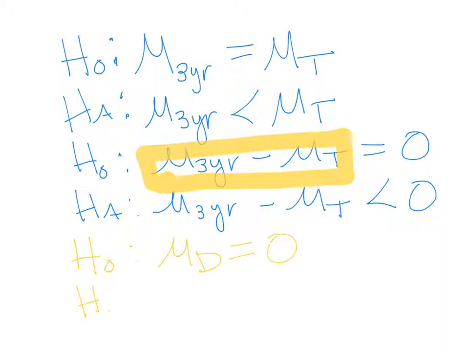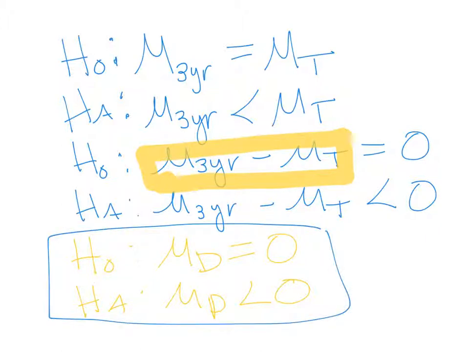That means no change. The alternative is the mean difference is less than 0. That means that it actually went up today, because when you subtract a smaller number from a bigger number, you should get a negative number. So this is step 1. This is your final answer for step 1 right here. It's the mean difference.